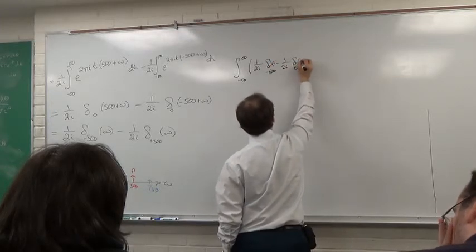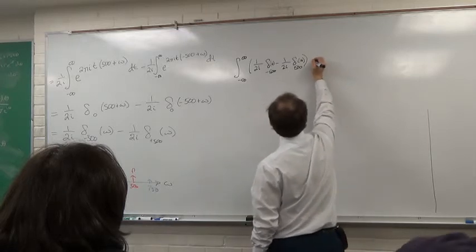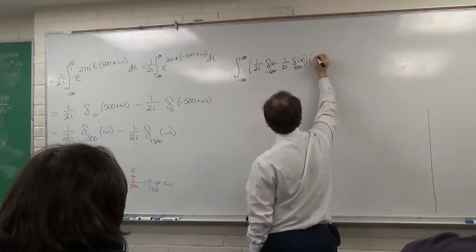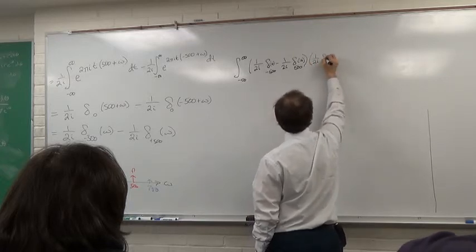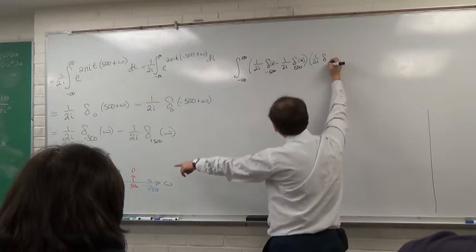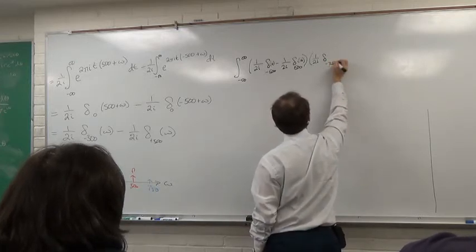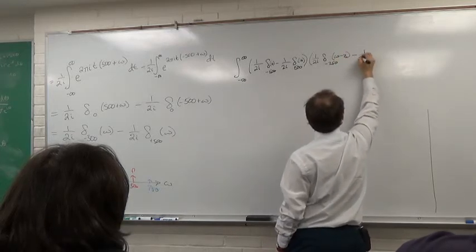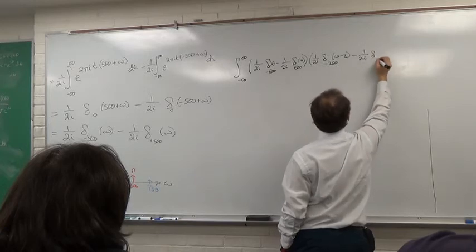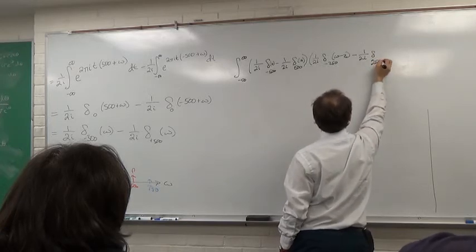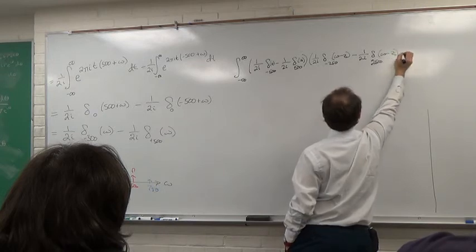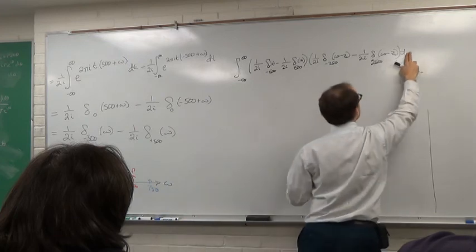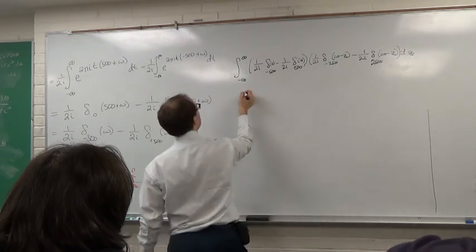And then what do I do over here? This is going to be convolved with the other one, which is 1 over 2i. And now instead of the 500s, I'm going to have the 250s here, minus 250. But this is going to be omega minus z. Minus 1 over 2i, and this will be the plus 250. And this is again omega minus z. And then it's dz. Okay, so that's the convolution. Let's see what that convolution is.